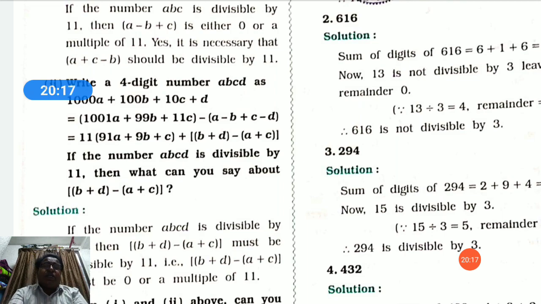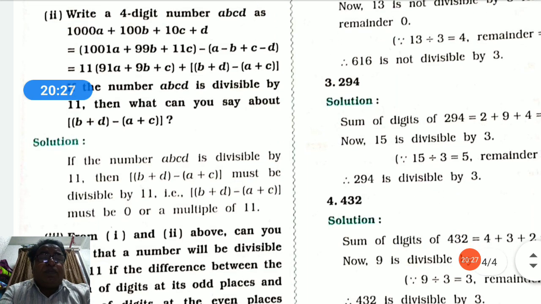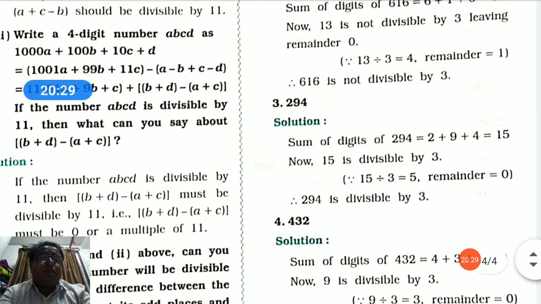So 616 is not divisible by 3. 294. Sum of digits of 294 is equal to 2 plus 9 plus 4 is equal to 15. 15 is divisible by 3 because 15 divided by 3 is equal to 5 and remainder is 0. So 294 is divisible by 3.